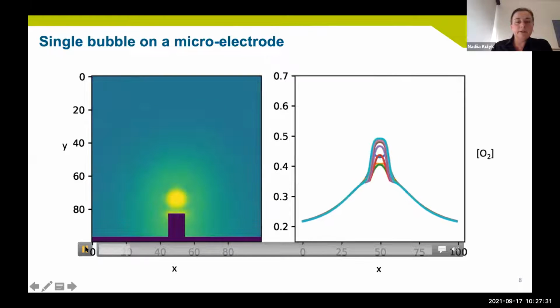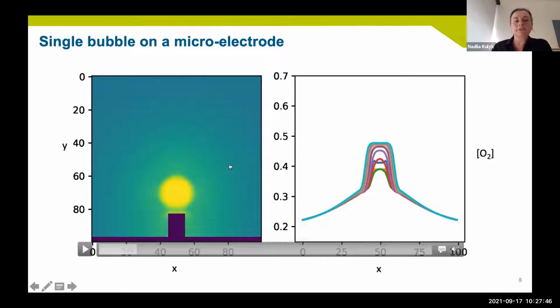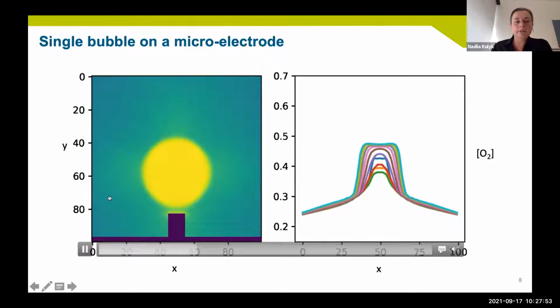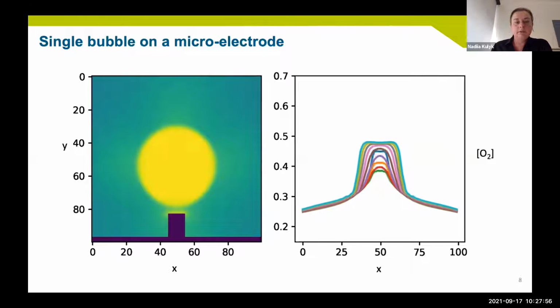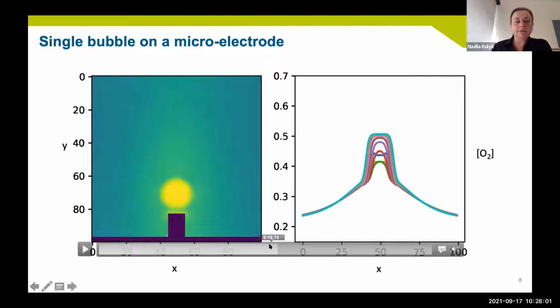The interesting part happens when the bubble forms: the concentration drops. We had oversaturation, and now the bubble absorbs the product, and the concentration decreases down to the concentration of the product in the bubble. Then the bubble grows. We have gravity here. It detaches, and the cycle begins again with high oversaturation next to the electrode.